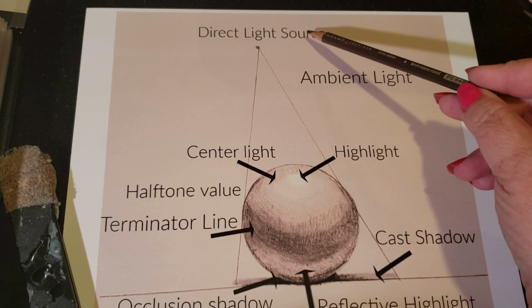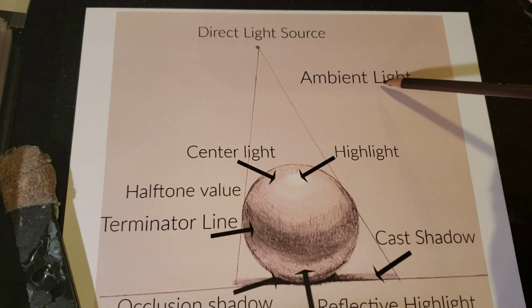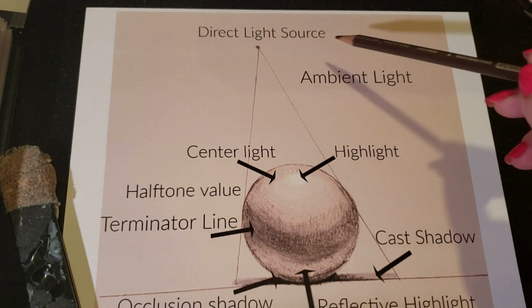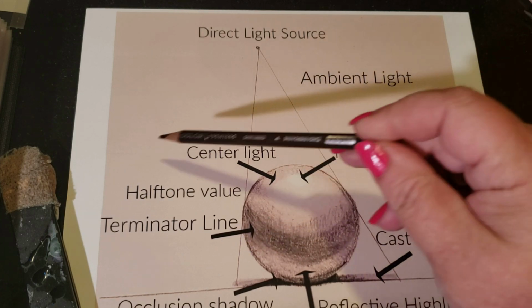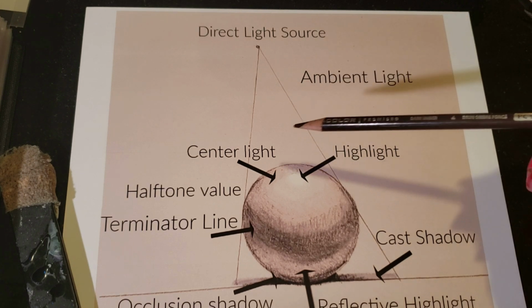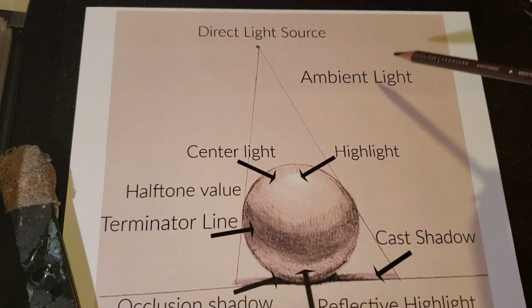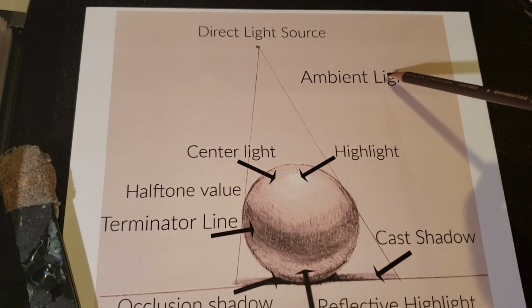Your direct light source is the sun or a light bulb. Your ambient light is light that comes from the direct sunlight and bounces off of things in the room. So it would create something called the reflective shadow, which we'll talk about in just a minute. So we have the direct light source coming down and ambient light.